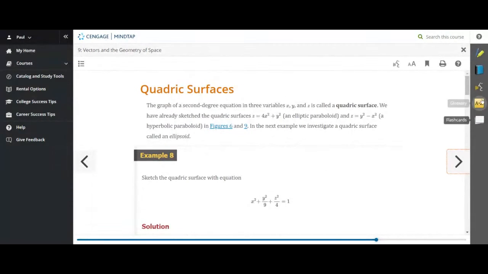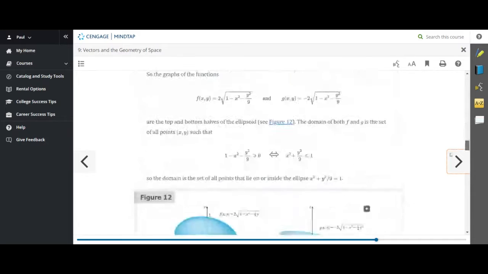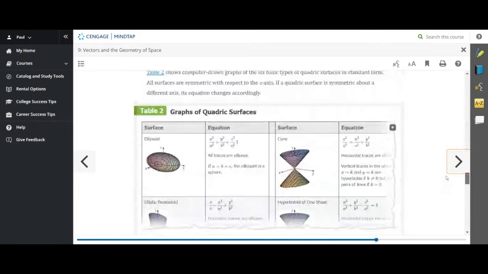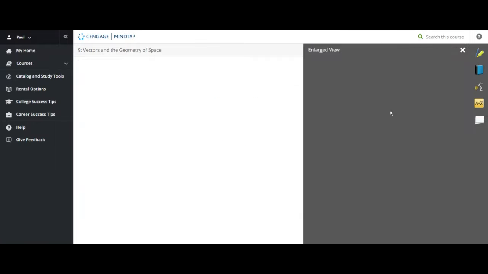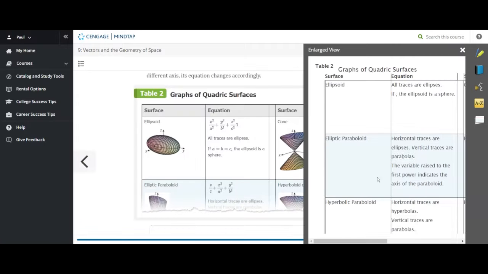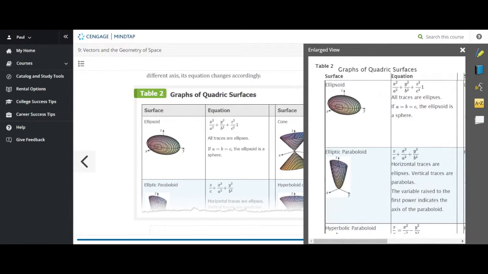There's a table here, Table 2, that has graphs of quadric surfaces. Let me see if I can enlarge the view.